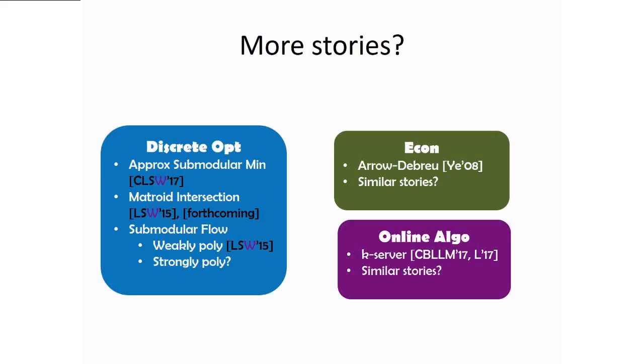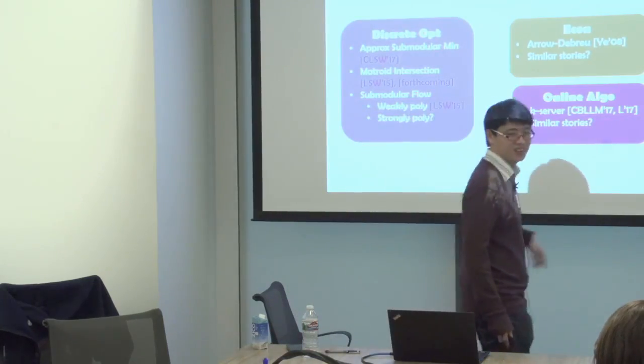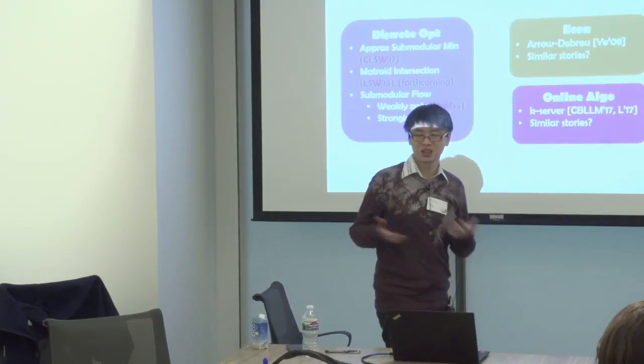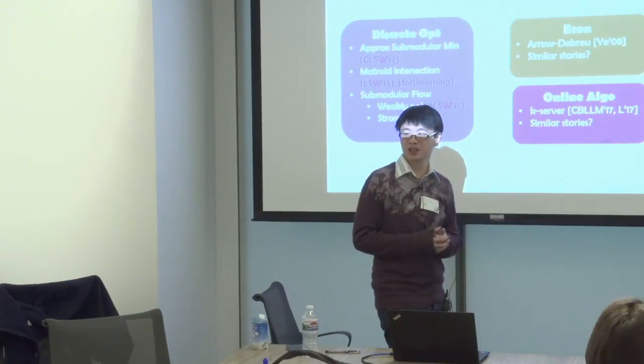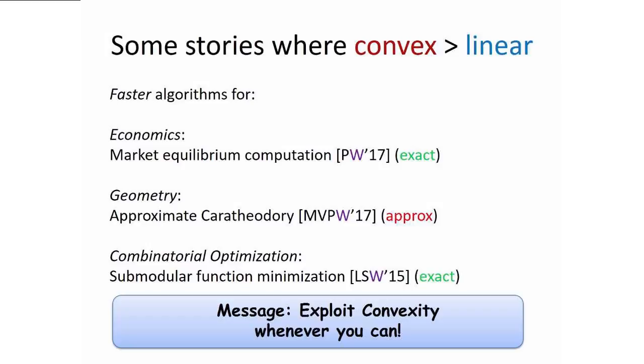And there are other examples of this. You can also do this for matroid intersection and submodular minimization and submodular flow. And recently, there's this work on k-server, which is kind of in the same spirit. So that's all I want to talk about today. Thanks.